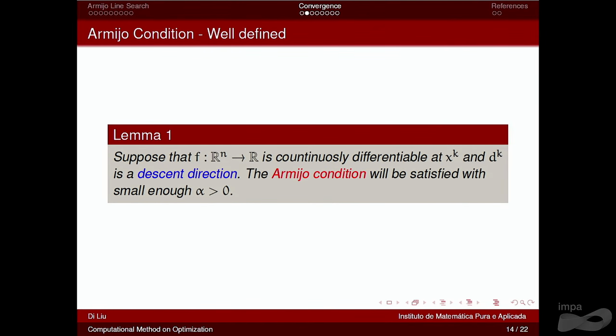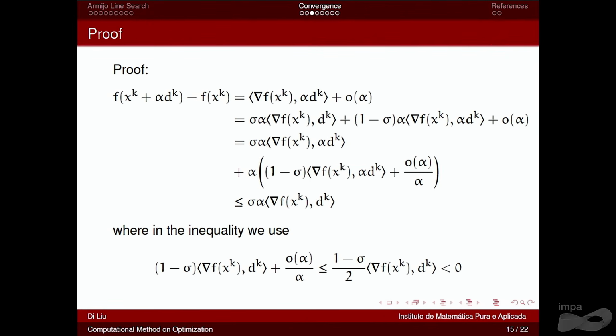So you have a continuously differentiable function and a descent direction, then the Armijo condition will be satisfied with small enough alpha. The proof is simple. We just use the first order approximation, okay? First order approximation, and we add some terms and subtract some terms here, okay? And then we put these terms together with alpha outside, okay?